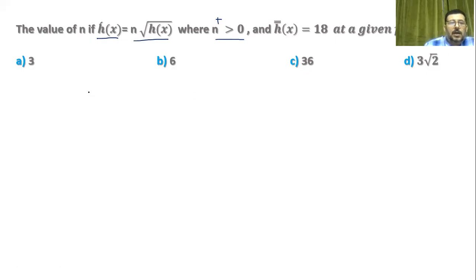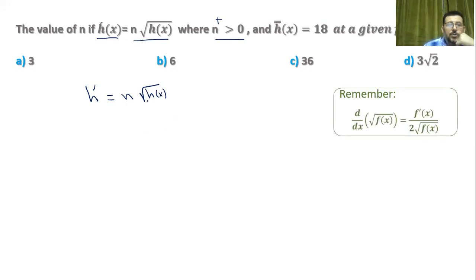So I have h prime equals n square root of h of x. N is a constant, but what is the rule for the derivative of a square root? We have a rule: the derivative of the square root of f of x is the derivative of the entire inside over double the square root.